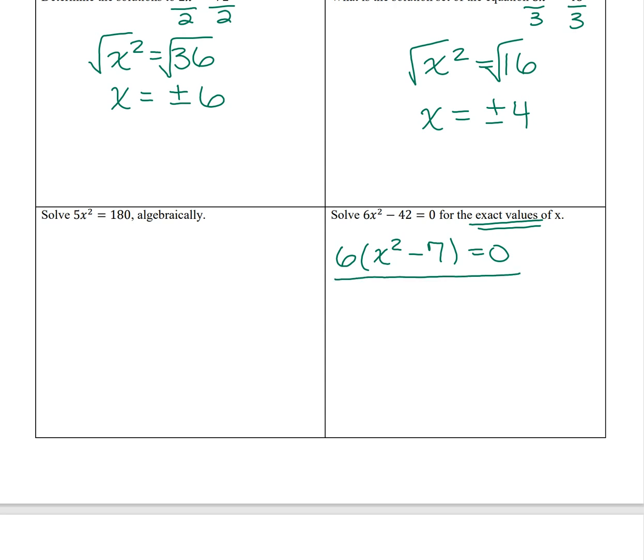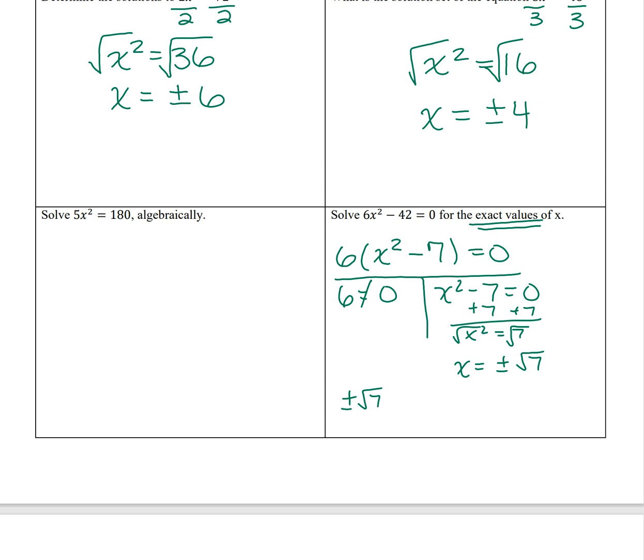And then I'm going to set each factor equal to 0. Here, 6 can't equal 0, so that's not good. Then here I'm going to add the 7 over. I have x squared equals 7, take the square root, and x is equal to plus or minus radical 7. So my final answer is plus or minus radical 7.